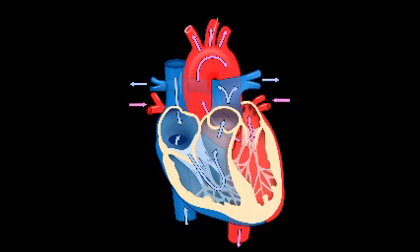And now we're going to learn some words. We already started learning some words in level 2. Do y'all remember the word afterload? Afterload is the resistance that the heart has to pump against. And what is the heart pumping out into? The arteries, the vessel system, right?